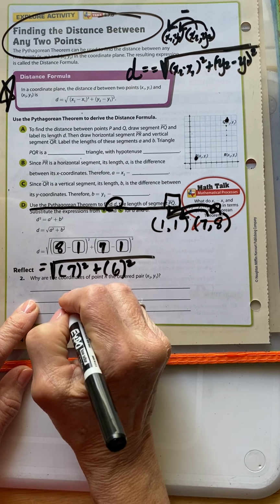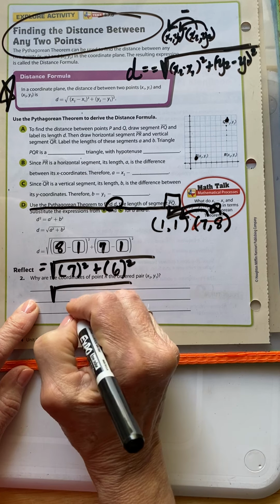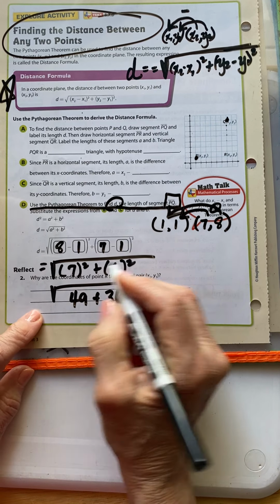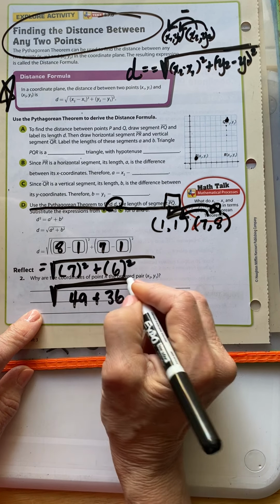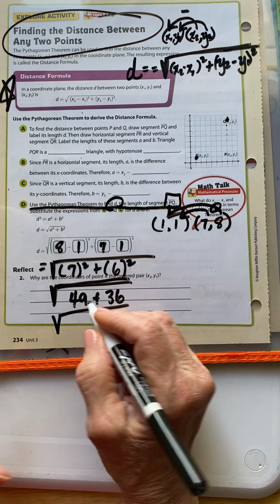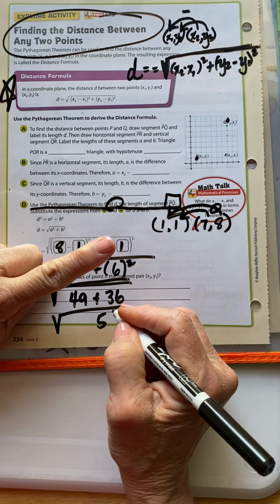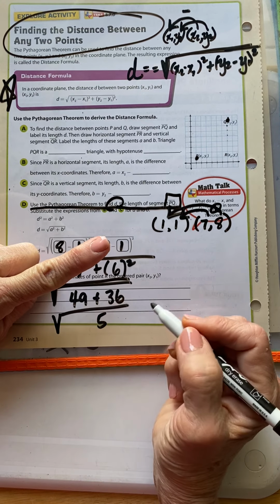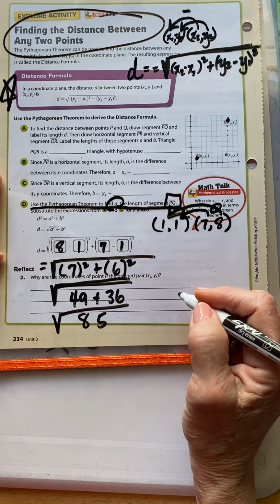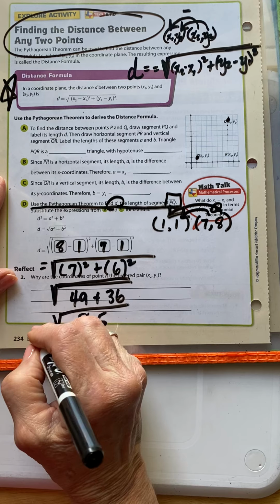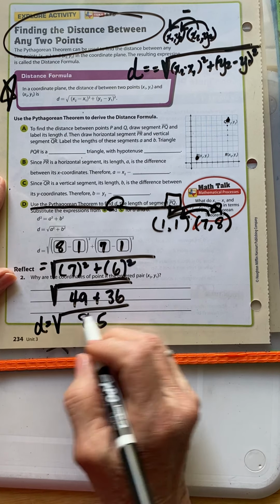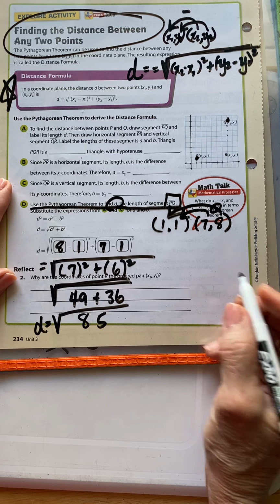Keep going. 49 plus 36, and take the square root of it. Now let's add. 6 plus 9, 15. Let's carry 1. 3 and 4 is 7, plus 1 is 8. So the distance between the 2 points would be D equals the square root of 85.